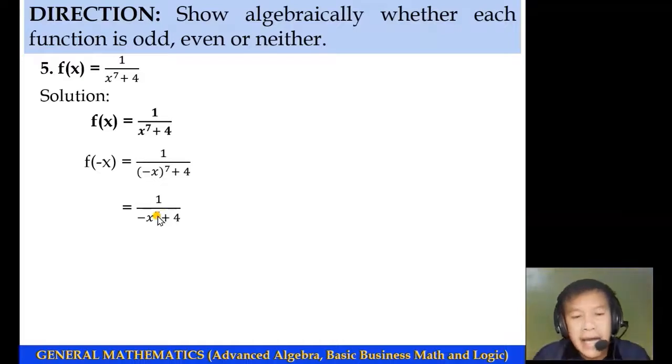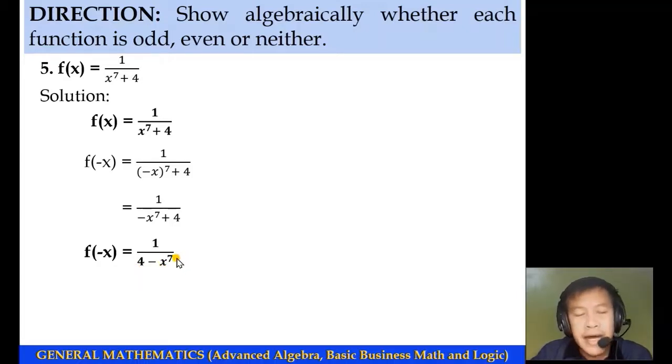In writing an expression, the standard form is that the preceding term is always positive. That is why we are going to rewrite this in its standard form. And that is our f of negative x equal to 1 over 4 minus x raised to 7.